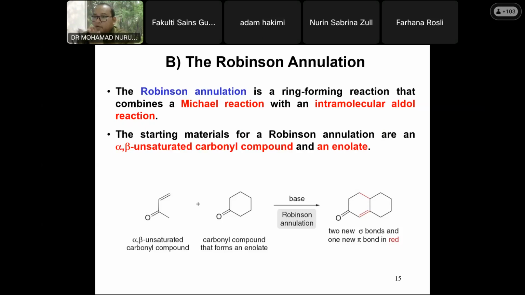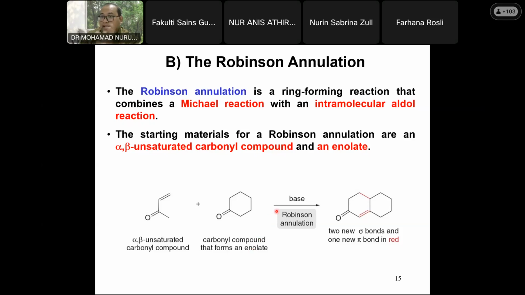So the starting material for the Robinson annulation is the alpha beta unsaturated carbonyl compounds, similar to Michael, because the first one they are doing is the Michael reaction, and also they should have the enolates. So for this one we have alpha beta unsaturated carbonyl compounds, and after that the carbonyl compound that forms the enolates, and the reaction needs a base.